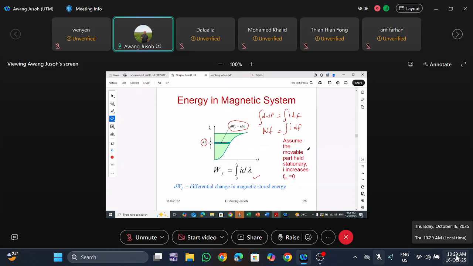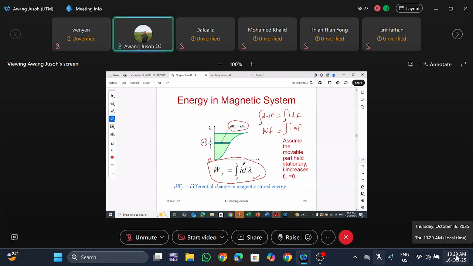So in the magnetic field, the magnetic stored energy can be determined by this formula. This formula represents the magnetic energy stored in this particular electromechanical device. You need to integrate from 0 to lambda, integrate I d lambda.